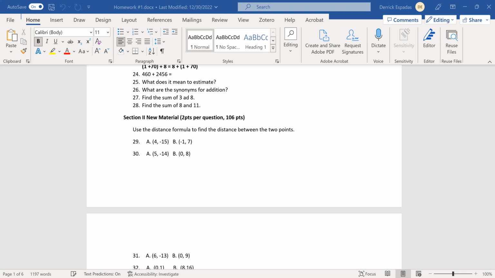I hope by this time you know what the square of 5 is. But we're going to do -2 first. -2 times -2 is 4. 5 times 5 is 25. 25 plus 4 equals 29. And the square root of 29 is going to be something the calculator tells us.